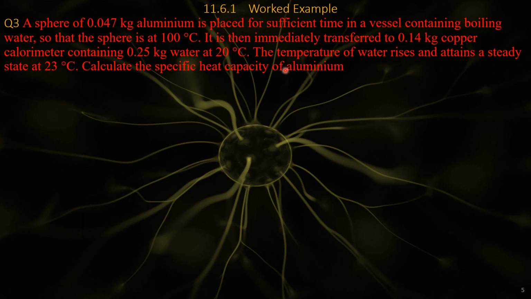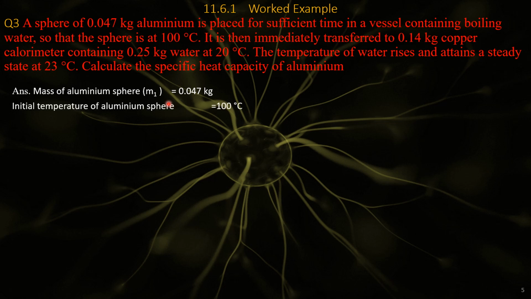Please read the question once again and try to understand the question. Here we are required to calculate the specific heat capacity of the aluminium. Answer. It is given that the mass of the aluminium sphere is M1, that is equal to 0.047 kg.